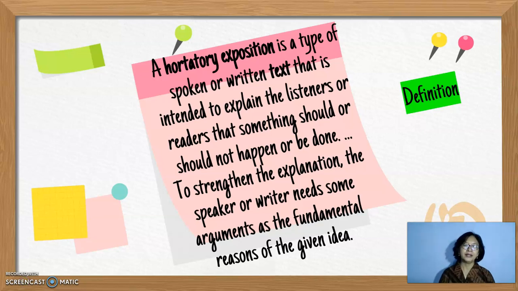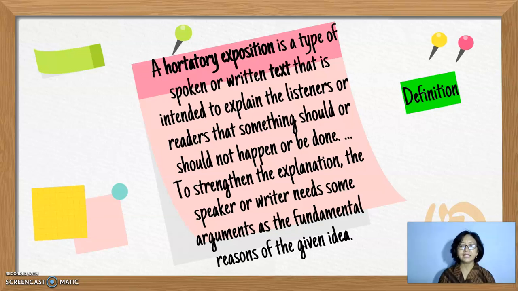Here we go. A hortatory exposition is a type of spoken or written text that is intended to explain to the listeners or readers that something should or should not happen or be done. Jadi, hortatory exposition merupakan jenis teks yang ditujukan untuk menjelaskan kepada pendengar atau pembaca bahwa sesuatu itu seharusnya dilakukan atau tidak seharusnya terjadi.